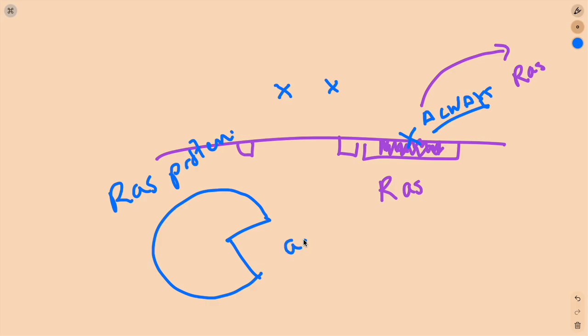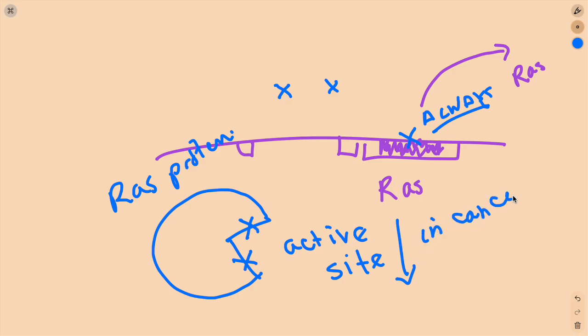So there's the active site of the enzyme. And the mutations are always in the active site. There's been an amino acid change in the active site, and so the activity is decreased in cancer. All right? Always those mutations.